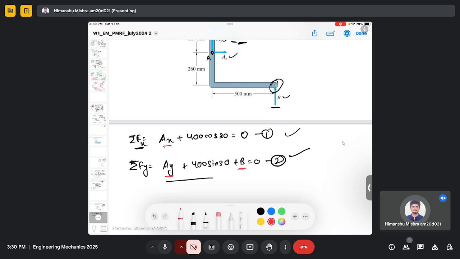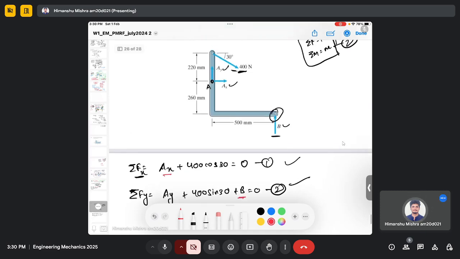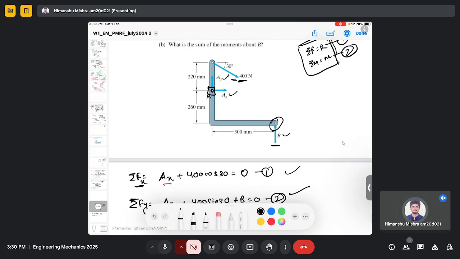Until now we have been using the summation of force equation and summation of moment equation separately to calculate the unknowns, but now we will use three equations, and the third equation will come from the summation of moments. But for summation of moments, we need to fix the point about which we are taking the moment. So let's say we fix point A because the moment at point A is 0.